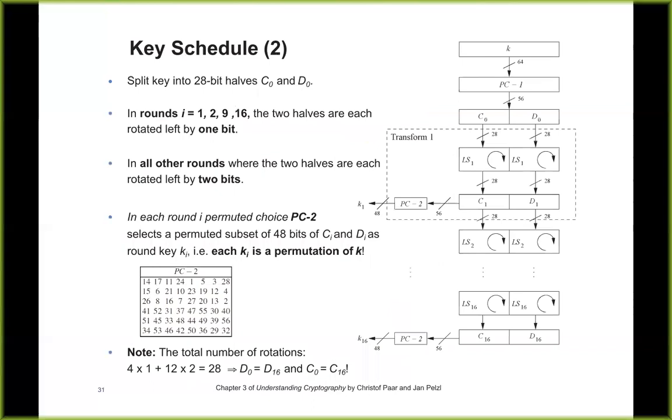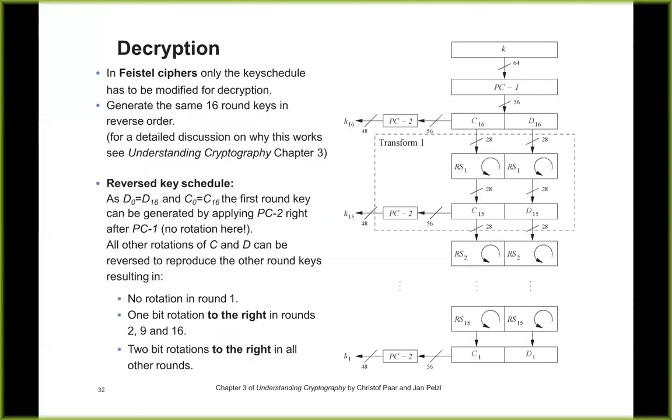And all you're doing is rotating little sub-bits. Like here's 4 bits, and you rotate them around and rotate them around. So you're just taking the bits and moving them around to create these different keys. The 16 round keys all come from the input 56 bits, and they're not modified in any complicated or difficult way, but they're just scrambled enough so that they make different keys for each round.